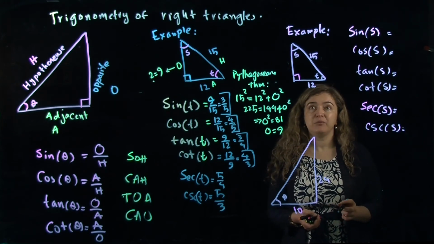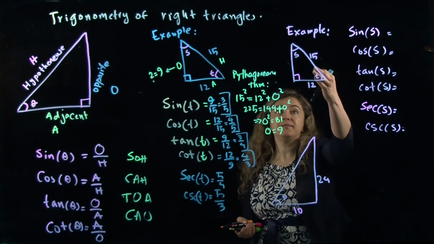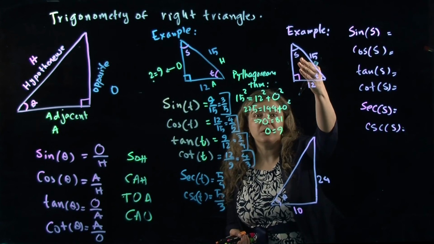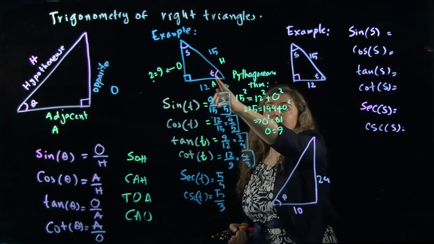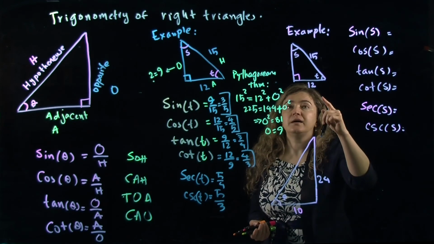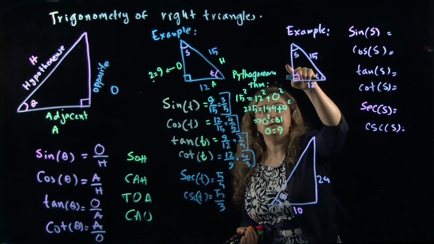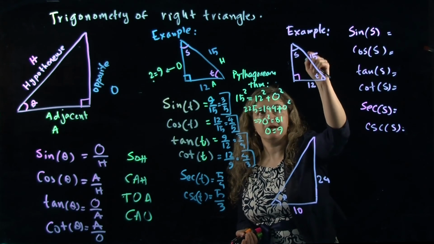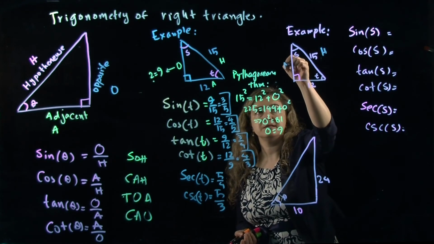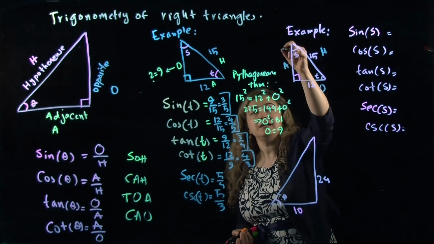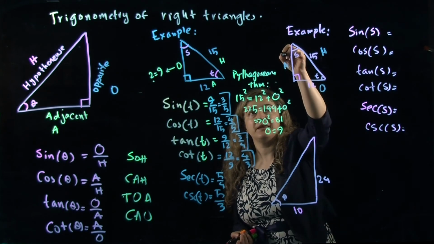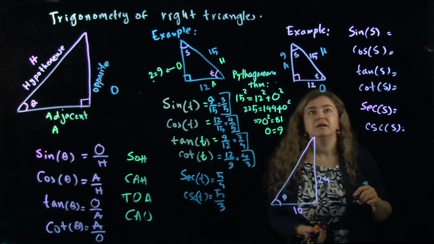So the next example is to find the trigonometric values for s in the same triangle. This time, the side next to s, beside the hypotenuse, is this side, and this one is the opposite. And a is, again by Pythagorean theorem, 9.